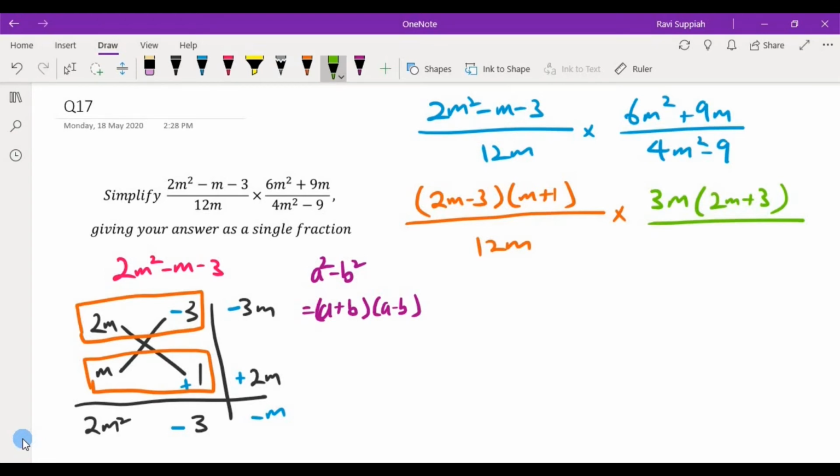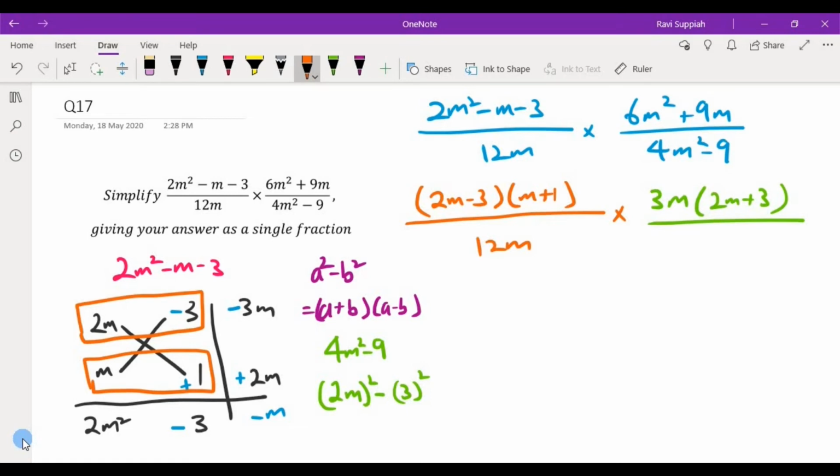So 4m squared minus 9 can be rewritten as (2m) squared minus 3 squared. You can see that (2m) squared is the same as 2 squared times m squared, which is 4m squared, and the square root of 9 is 3, so this is 3 squared.